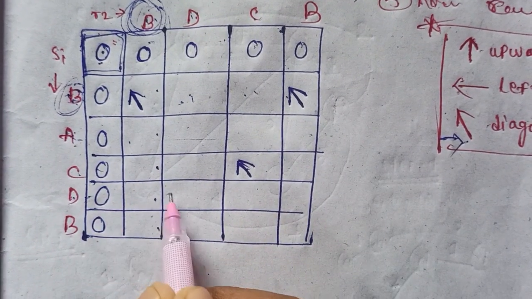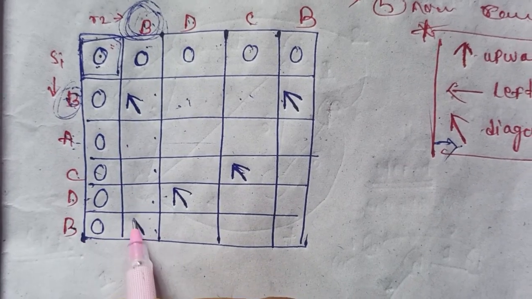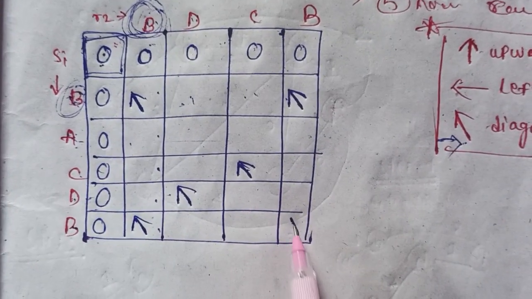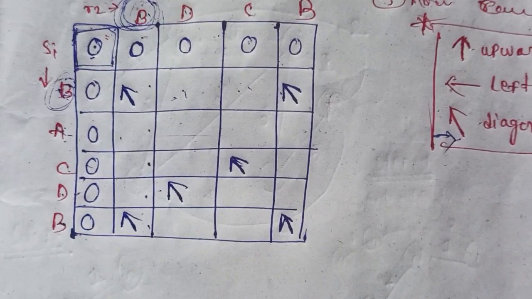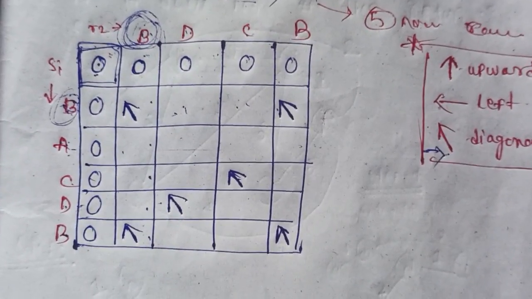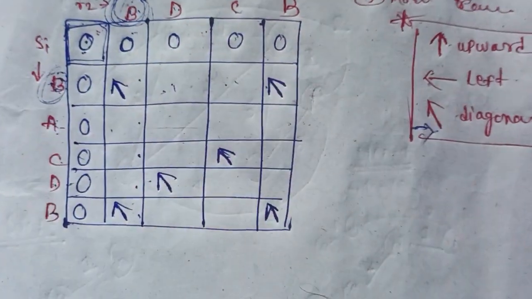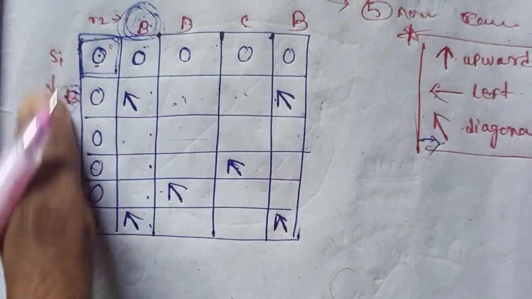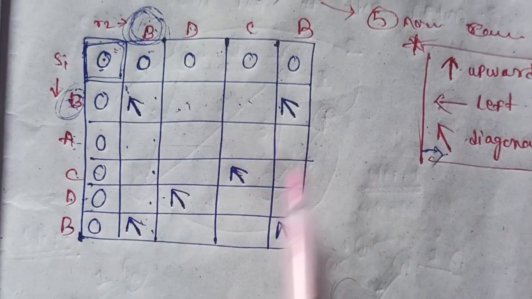Again D, then B, here B is there and here B is there. Okay, clear? So the first step is clear: fill up all the zeros. Step number 2: when the same letter comes, we have to put the diagonal arrow.